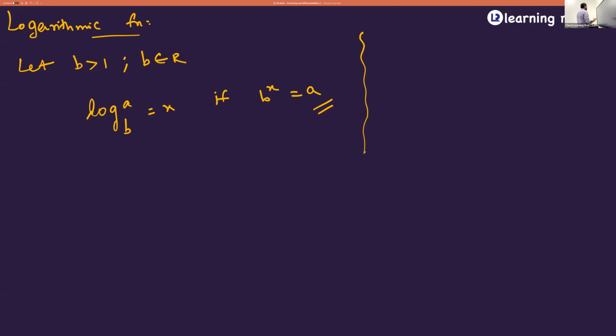Let's try to literally understand this statement. If I have log of 1 base B equal to X, where A is 1, then what does it imply?